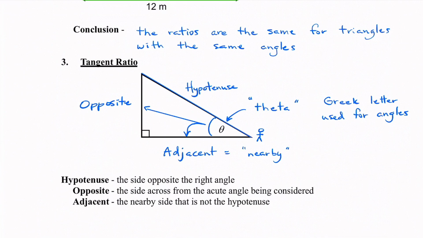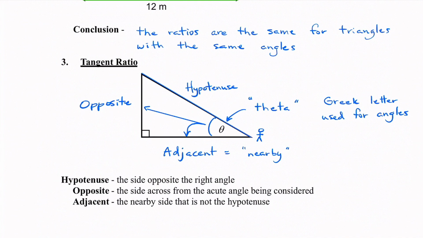And then the last term, adjacent, that just means nearby or beside. So it's the one that is nearby the angle that you were standing from, but it's not the hypotenuse, right? Because if I was here, this one is nearby, and this one is nearby, but whichever one is not the hypotenuse, which is this one, that is the adjacent side.